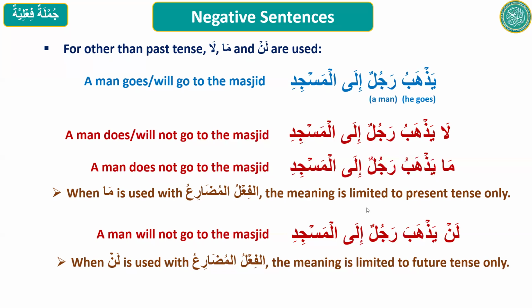All right. So that's all I have on how to make a jumla fi'liya negative. So it's a very short lesson. I hope everybody understood how to do this. And if there are any questions, we can talk about that now.